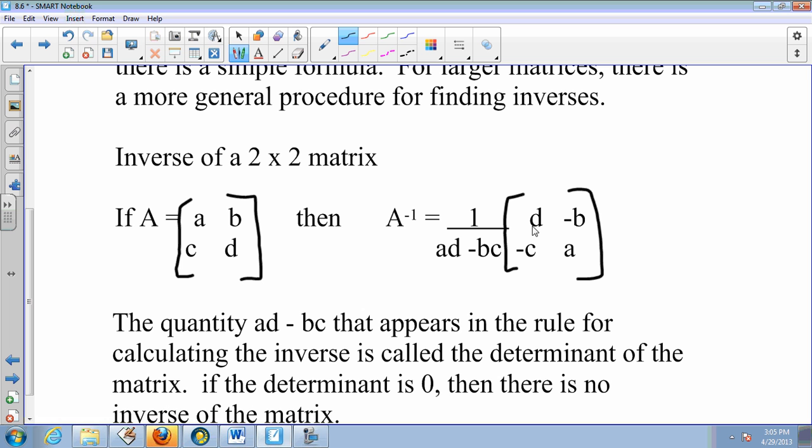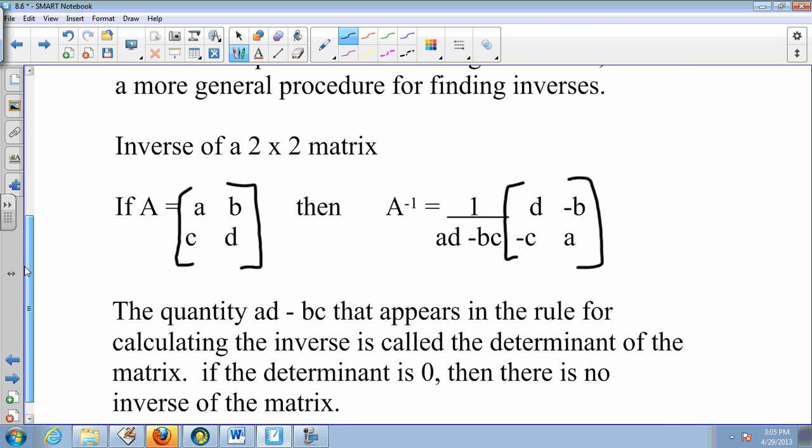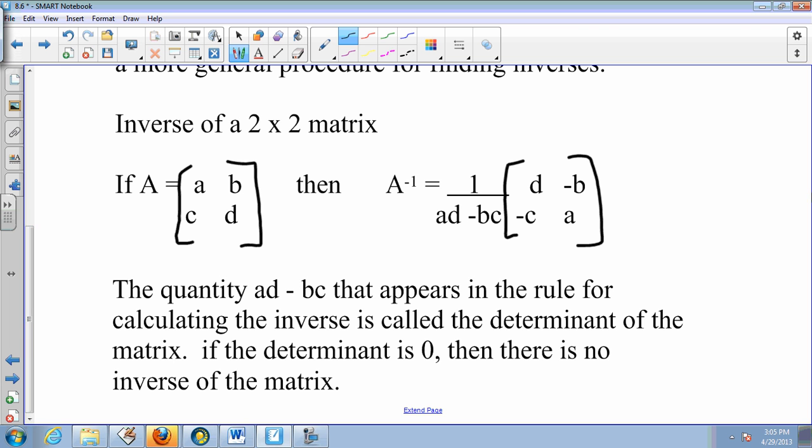So a and d switched places, and c and b became negative. The ad minus bc appears in the rule for calculating the inverse, and it's called the determinant of the matrix. If the determinant is 0, ad minus bc is 0, then there's no inverse of the matrix, because you cannot divide by 0.